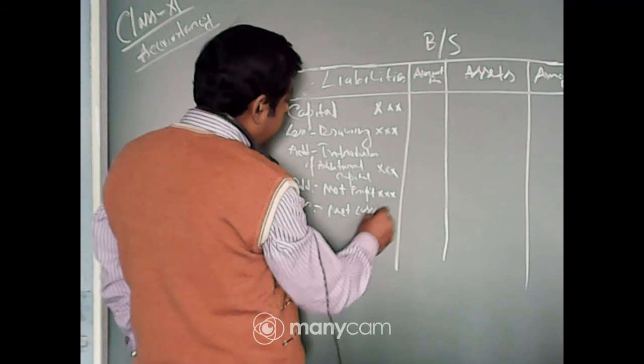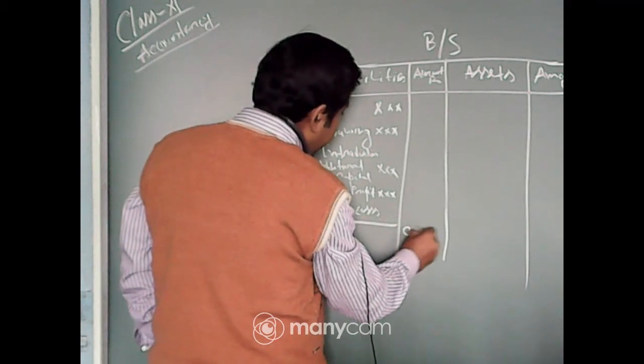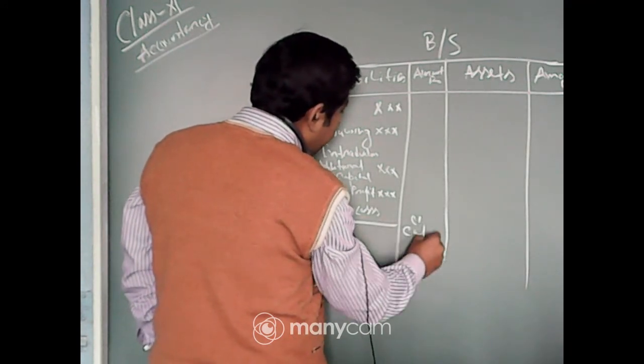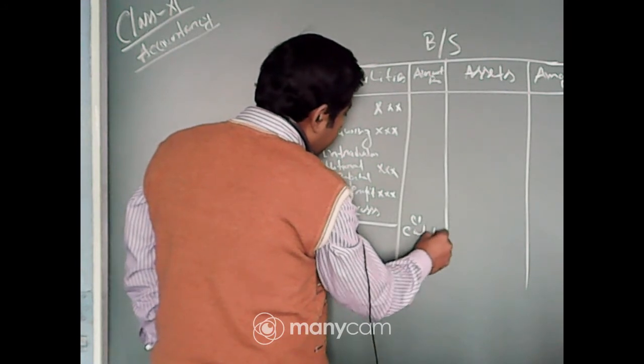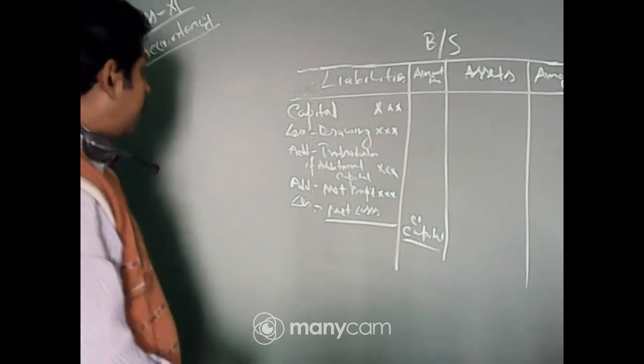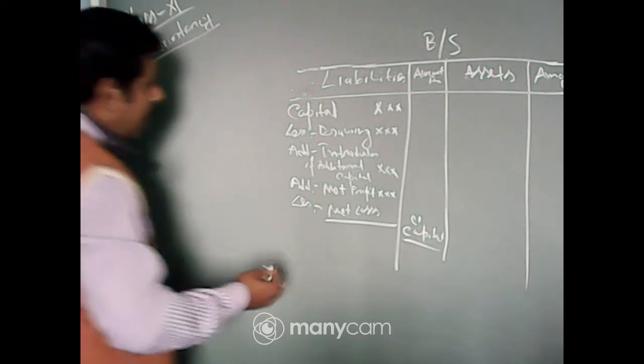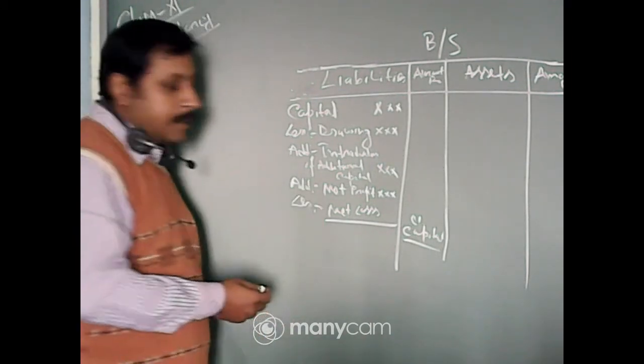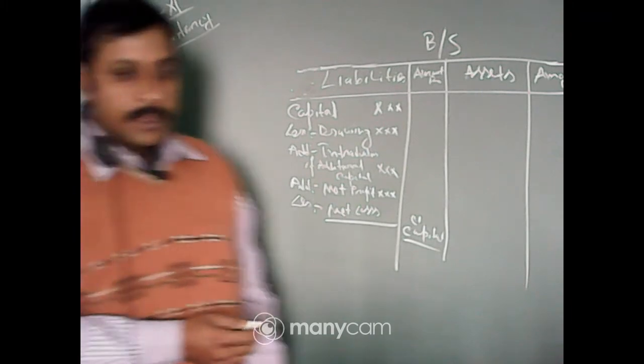What comes after that is the closing capital, and that closing capital will be next year's opening capital. That's how we reveal the capital in final accounts.